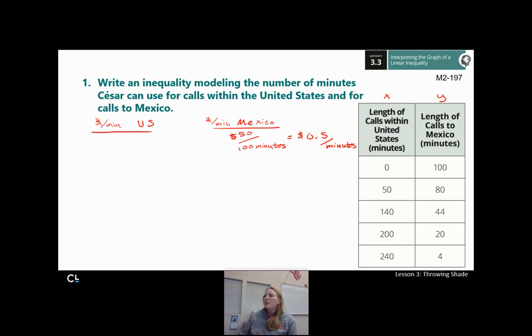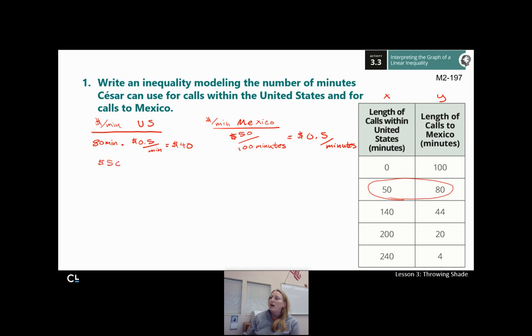The US is a little bit trickier though. Now that I know this, I'm going to use it to help me figure out my cost per minute for the US. I can see here that he did 80 minutes worth of calls to Mexico. So 80 minutes, and we'll multiply that by our 50 cents per minute. 80 times 0.5, it looks like that alone used up $40 of his gift card.